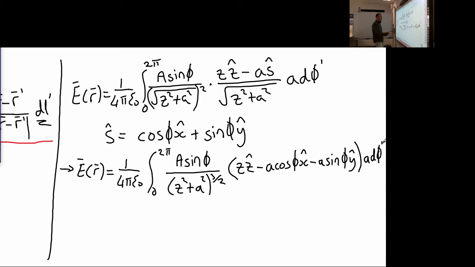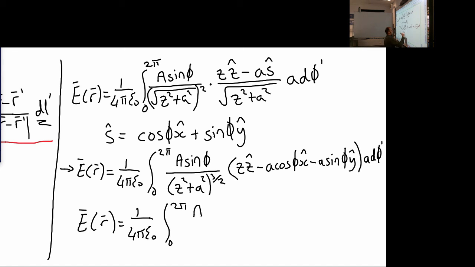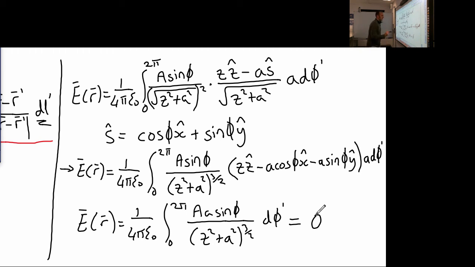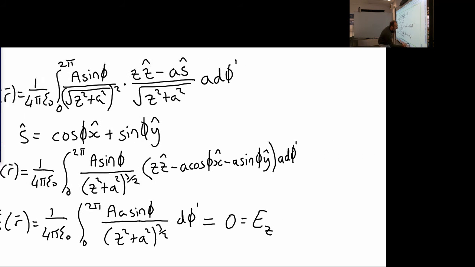So now if we solve this, if we look at the integral for the z hat, the Ez component, well, the integral of sine phi between 0 and 2 pi results in 0. So our Ez component is equal to 0.